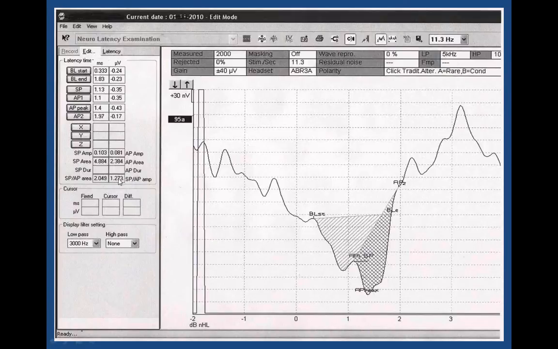Especially if that difference is more noticeable and considerably larger in comparison to the other ear, if the other ear is the quote-unquote normal ear. So a good round figure is that the amplitude ratio should be roughly about 25%, ranging anywhere from 10 to maybe 40 to 45. The area ratio should be roughly 1, ranging anywhere from 0.8, 0.9 to maybe 1.7 or 1.8.